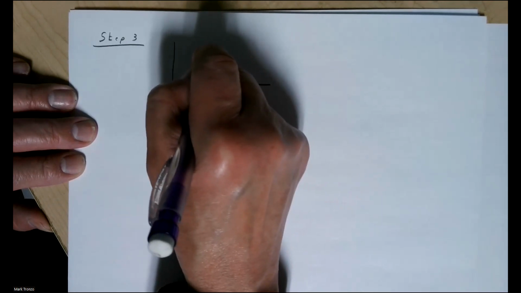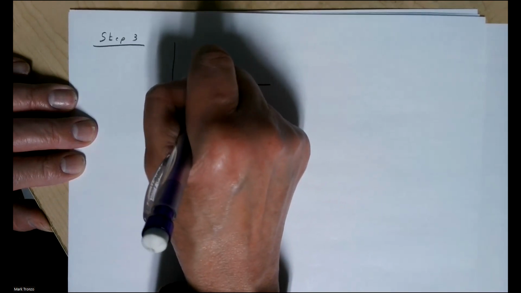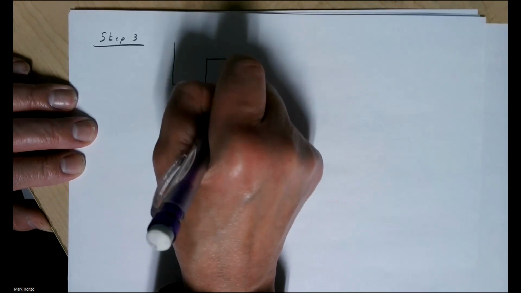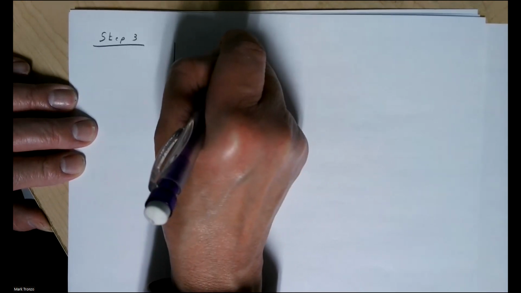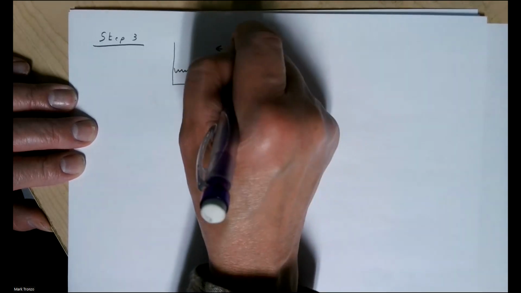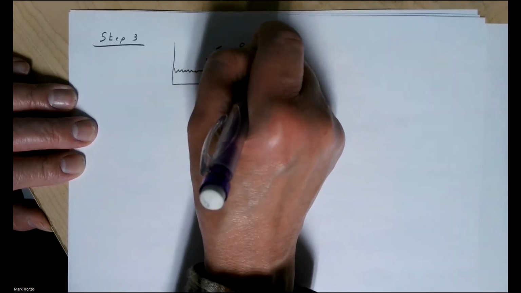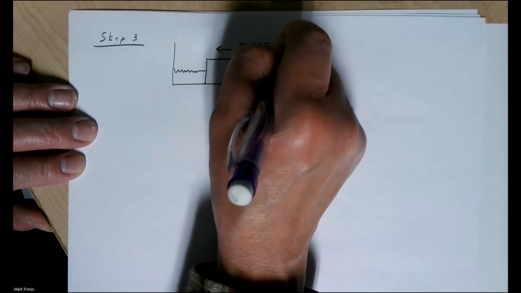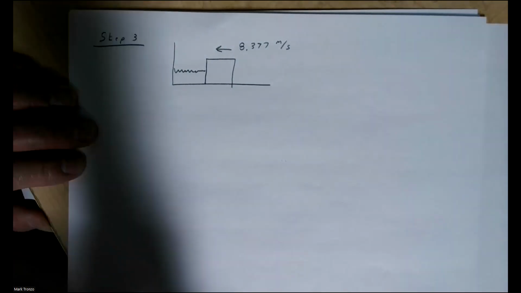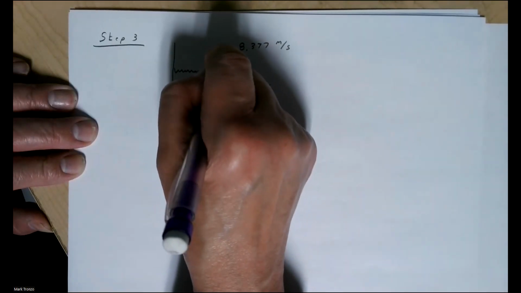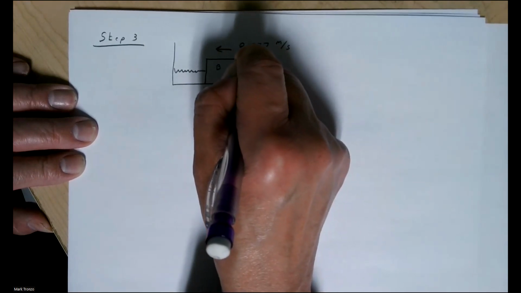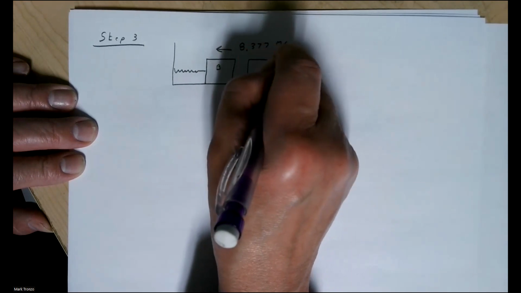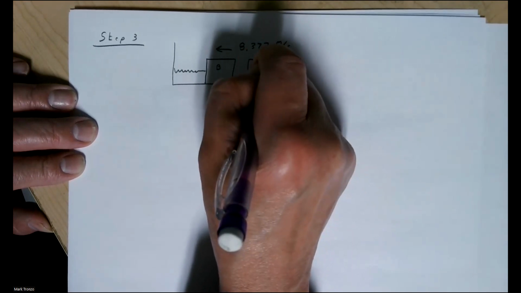So now B is going in this direction now at 8.377 meters per second. And actually, A is also going in that direction, but it's going at a slower rate because, again, they've collided and separated.